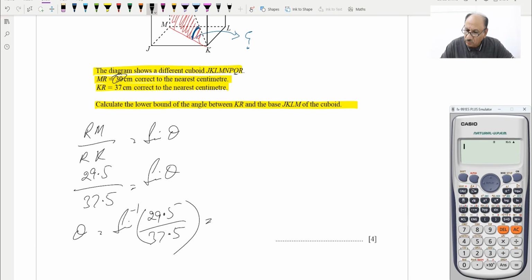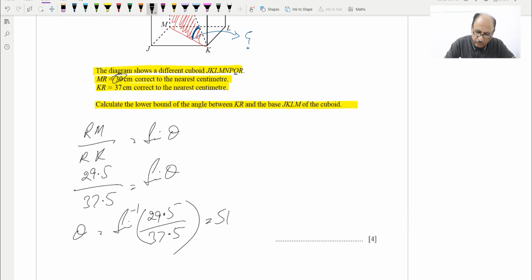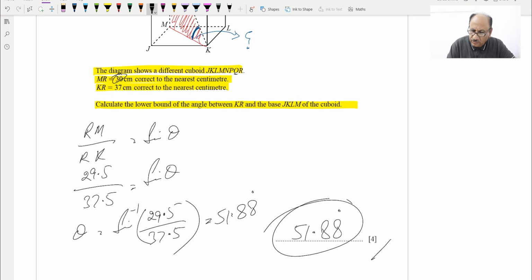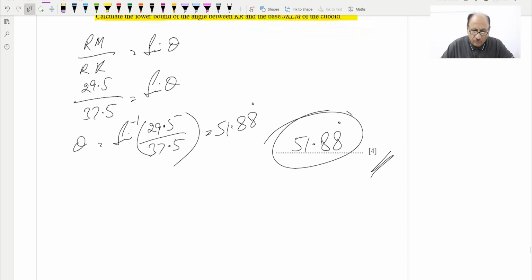Very rarely they give questions like trigonometry combined with lower bound and upper bound, but it's not very difficult. If you know the concept, then you can solve this properly. And this is 51.88 degrees, and 51.88 degrees is our final answer for this 4-mark question.